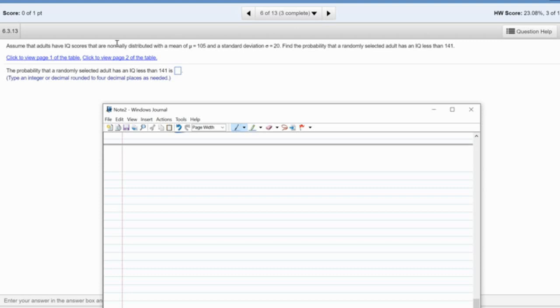So here's your X, again standing for IQ scores. The mean equals 105 and the standard deviation equals 20, so here's your 105.